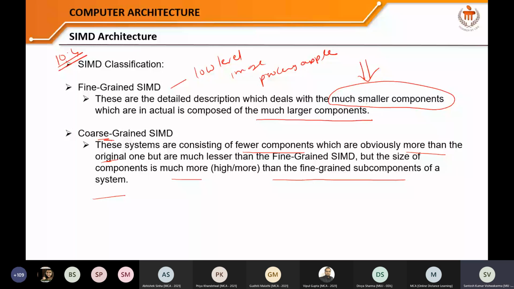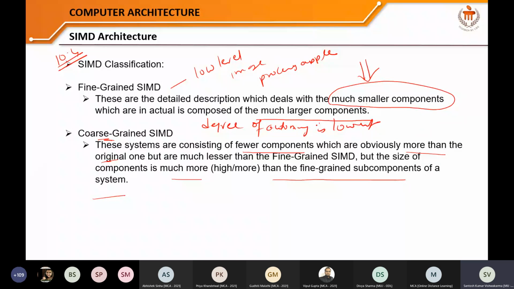I repeat, the degree of autonomy is lowest. Again, a very important point to be noted. Now, there are different economic constraints applicable on the maximum number of PEs, and it is assumed by the programming model that there is an equivalence between the number of PEs and the number of data items.